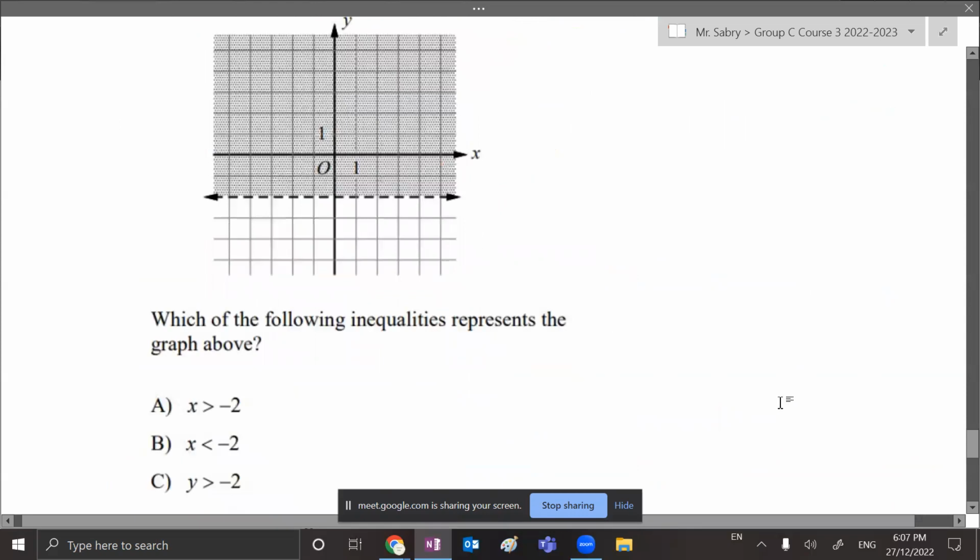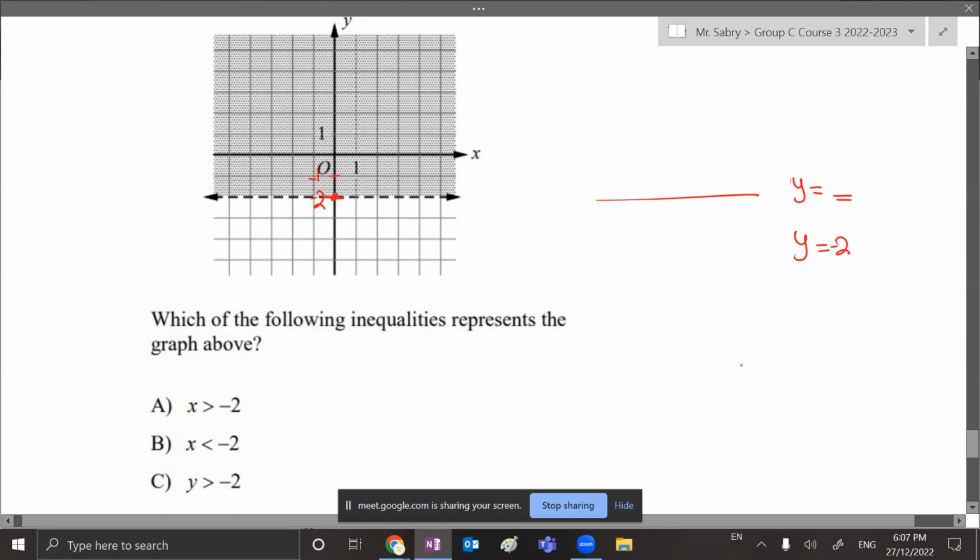Check one like this one, for example. You have an inequality here, apparently, and you're asked which one of those is the right one. This one is much easier because it's a horizontal line. So any horizontal line has the equation as y equals something. And it's equal to this value here. Apparently, the y value here would be -2. So this means that y is equal to -2. This is supposed to be the equation of the line. But then it's shaded.